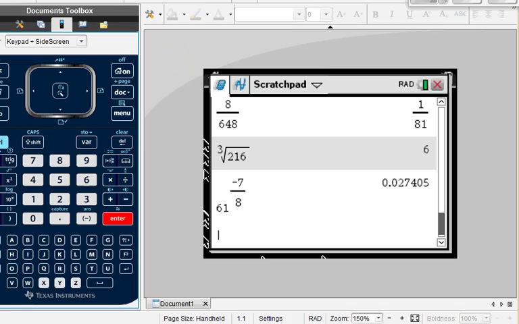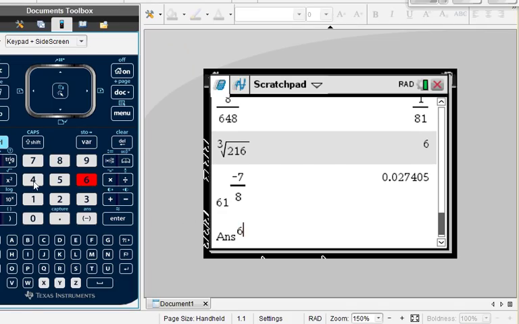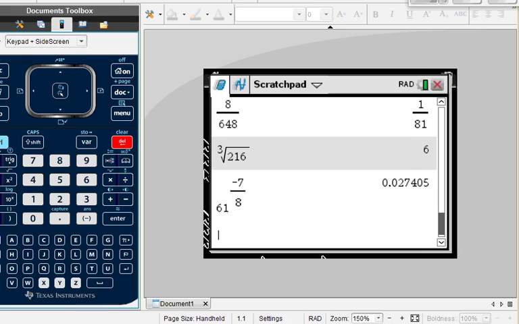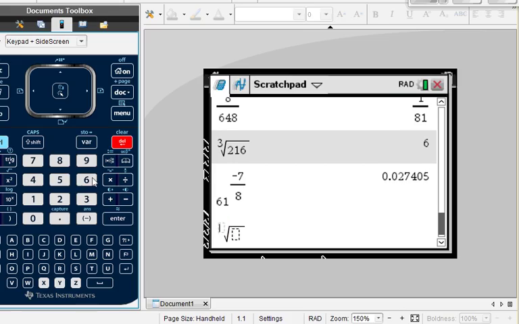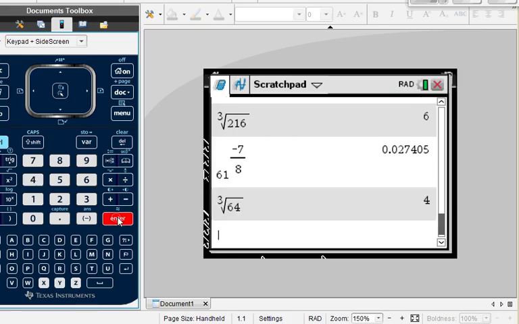So let's see if 64 is a perfect cube. And it is.